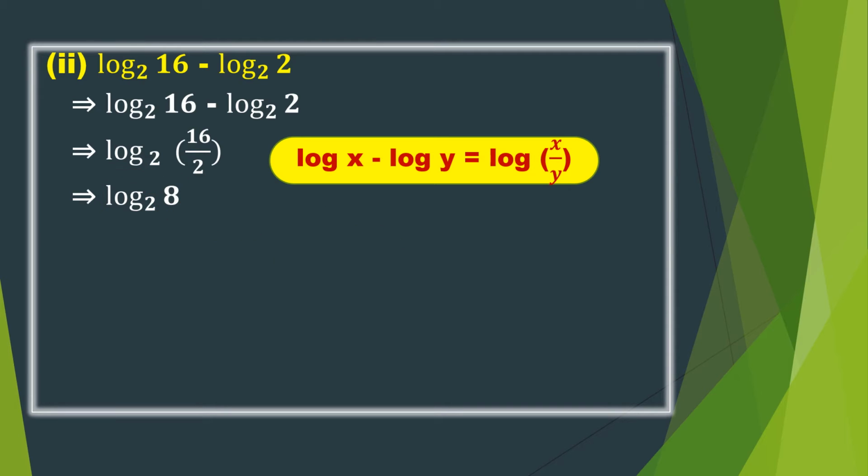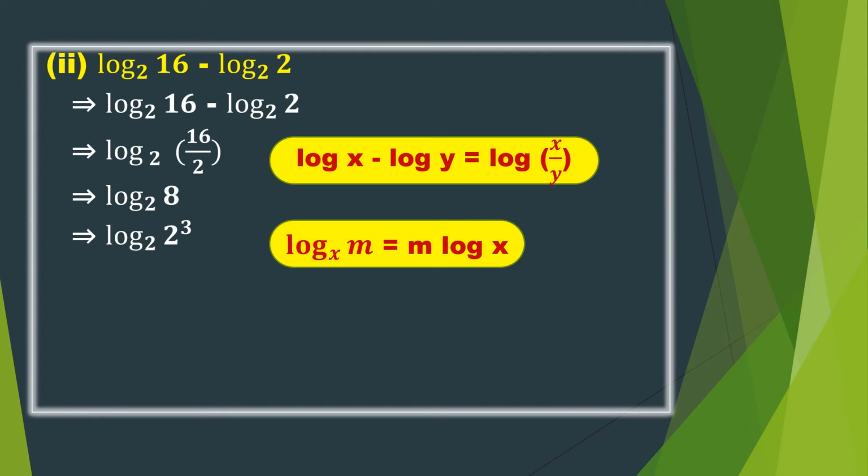So that now we can apply the formula. Here this power will go to the front because your formula is log x to the m base x equal to m log x. Whatever power is there, that will go to the front. Means here 3 will go front.